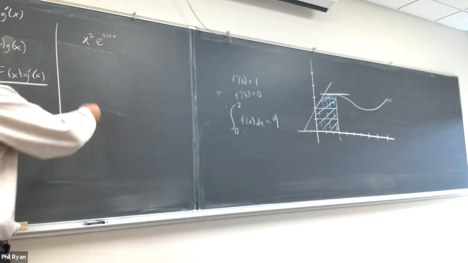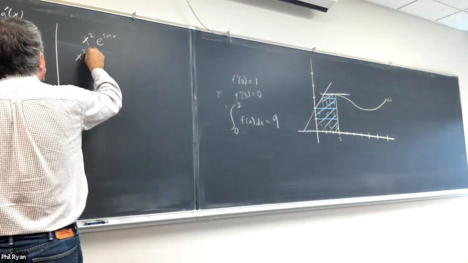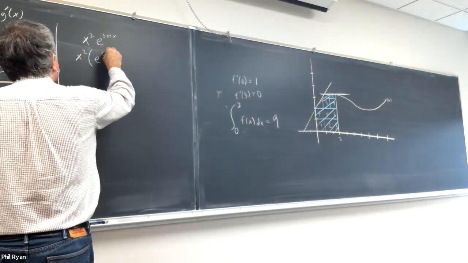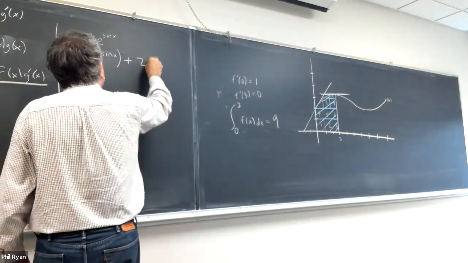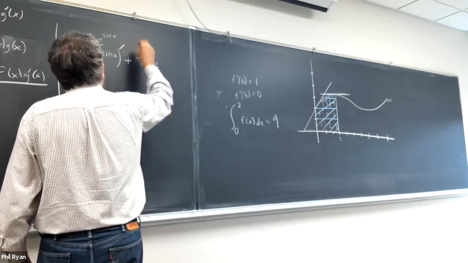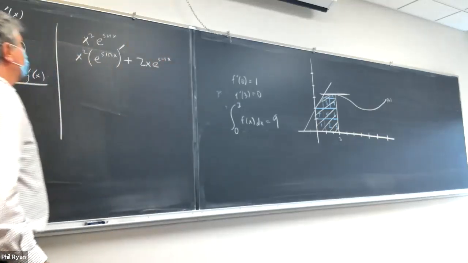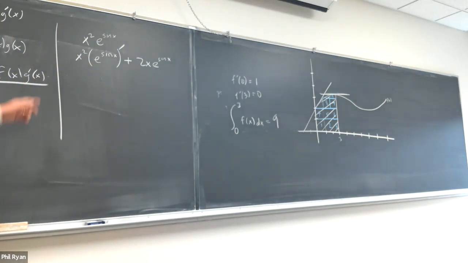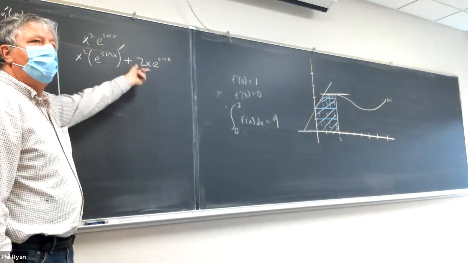The product rule. So it's going to be x squared times the derivative of e to the sine x, plus 2x times e to the sine x. As part of doing the product rule, we have to do the power rule.